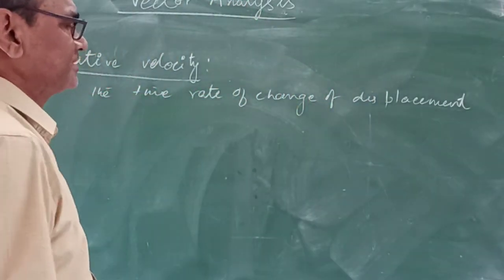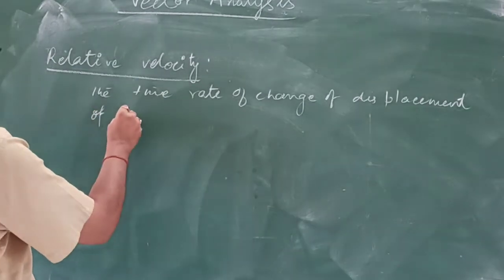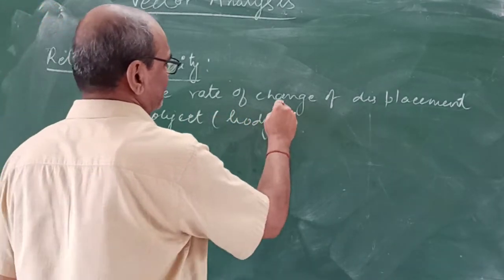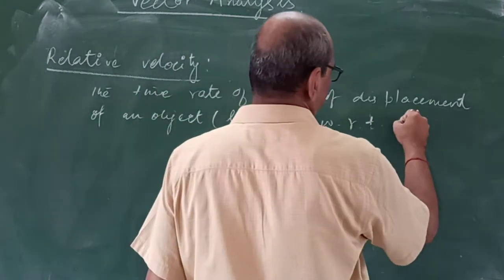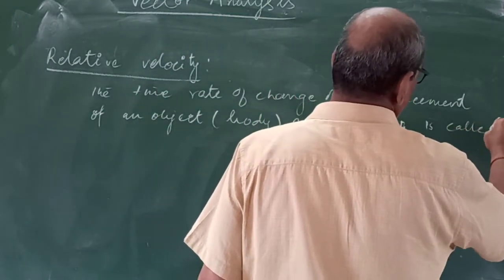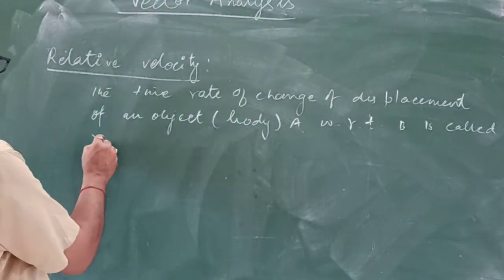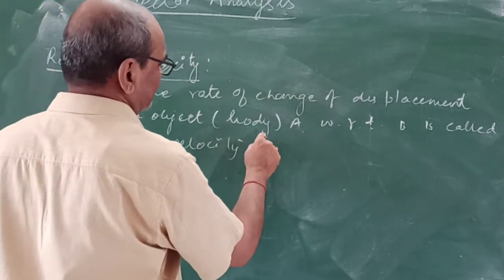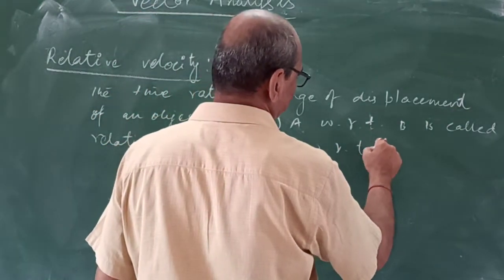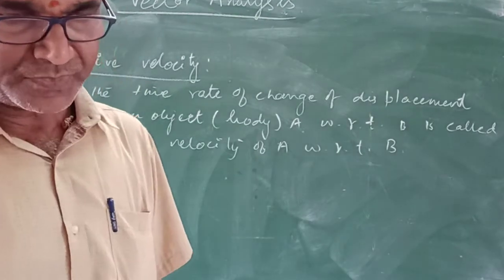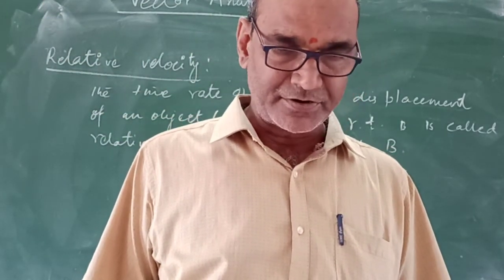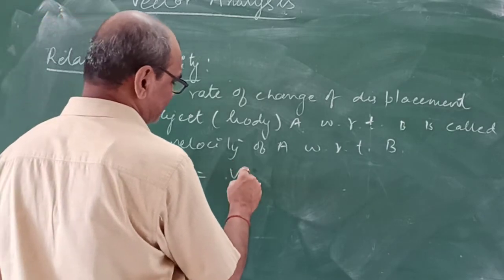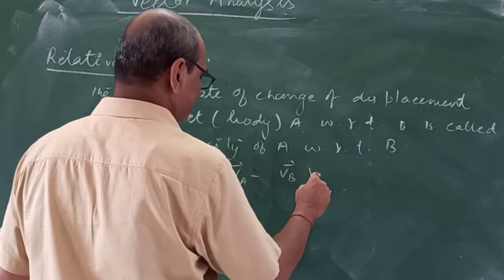The time rate of change of displacement of body A with respect to body B is called relative velocity of A with respect to B. Then we find from the parallelogram law of vector addition that the relative velocity of A with respect to B is equal to VA minus VB.